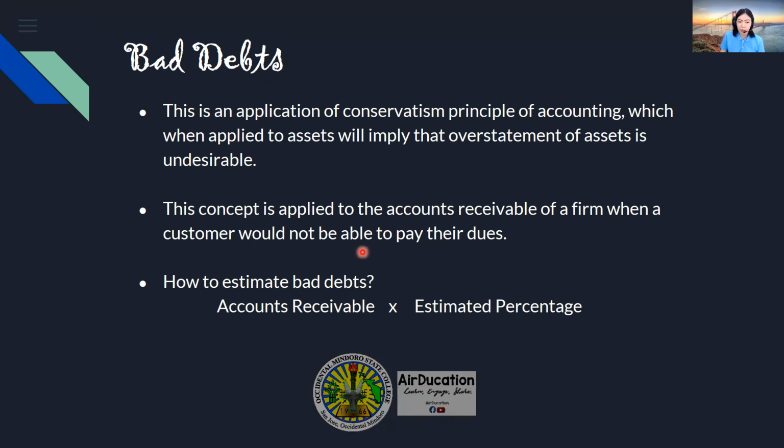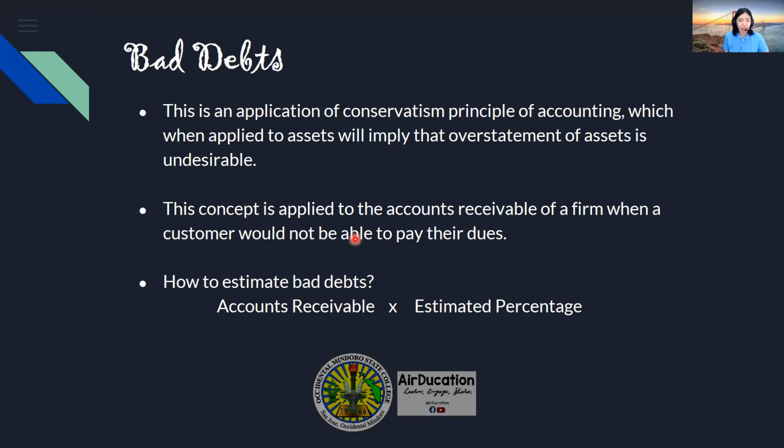In case nga na hindi mabayaran, so halimbawa, may nangutang sa'yo, na-aksidente siya, eh 50-50 na siya. So, hindi naman natin ginugusto yun, no? Pero that is one of the example. So, syempre, yung utang niya sa'yo, malabo nang mabayaran. So, that is a bad debt. Okay? So, how are you going to estimate a bad debt?